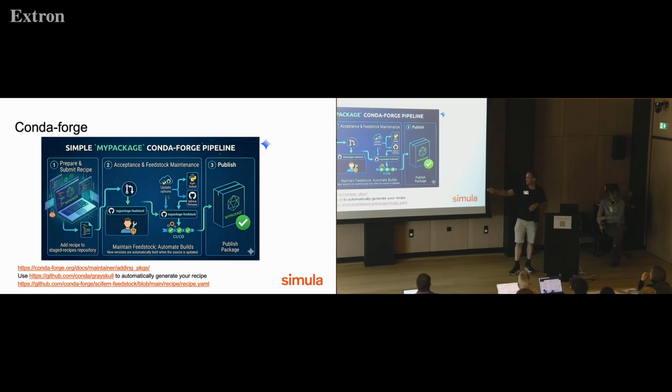There is also a tool called Grayskull. If you have your package already on PyPI, for example, you can generate a recipe automatically with this tool, which is quite nice. If you want a more elaborate example, you should check out the scifem recipe, which also contains instructions on how to build a recipe if you have an extension module, for example.